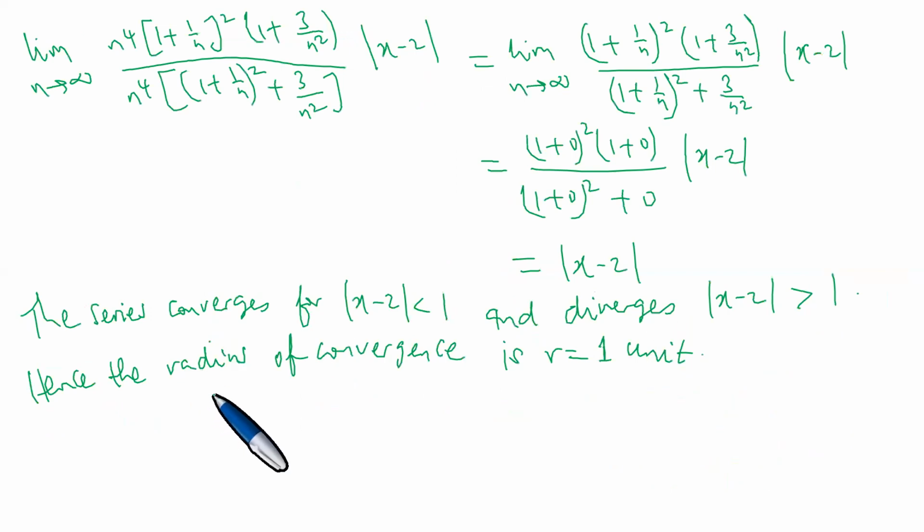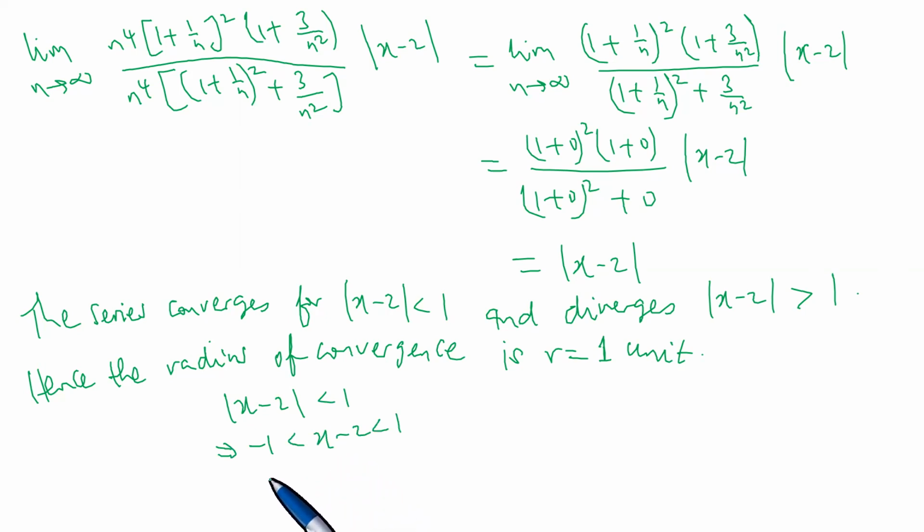Right, so we know the radius of convergence of that. But also we have that this here is less than 1, which means minus 1 is less than this.